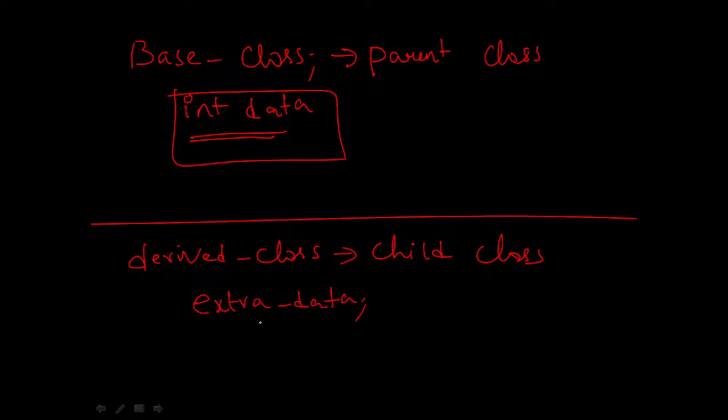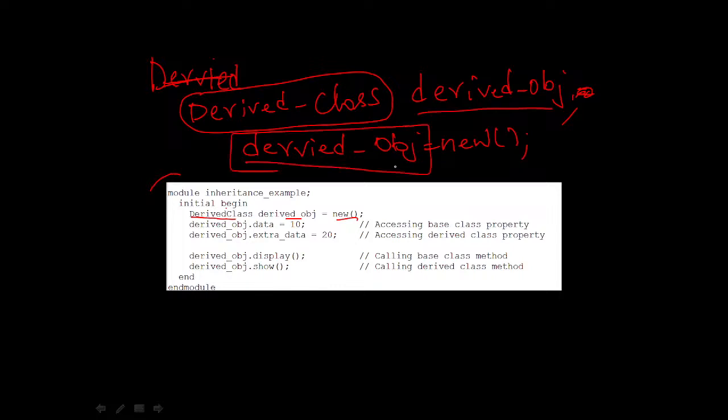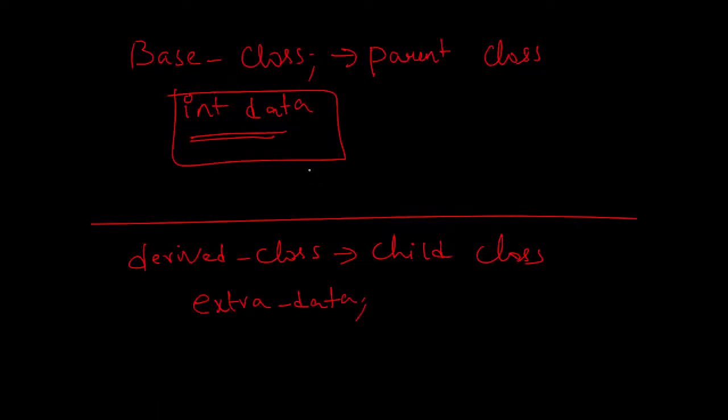Now what we are doing in the module, we are creating the handle for the derived class called derived_object, and we are creating the object for this by using the keyword new. By using this handle, we are going to access the data which is present in the base class.